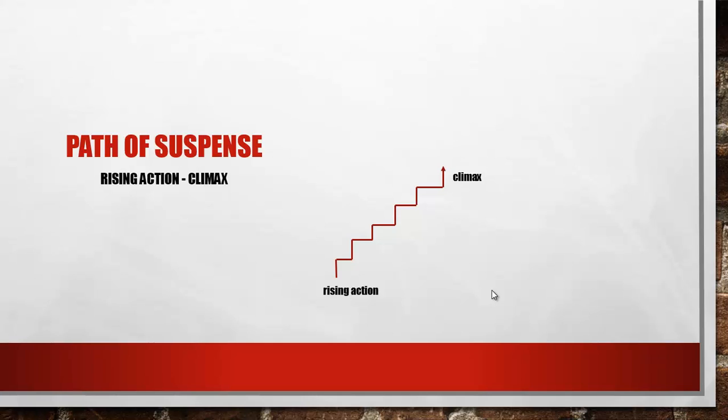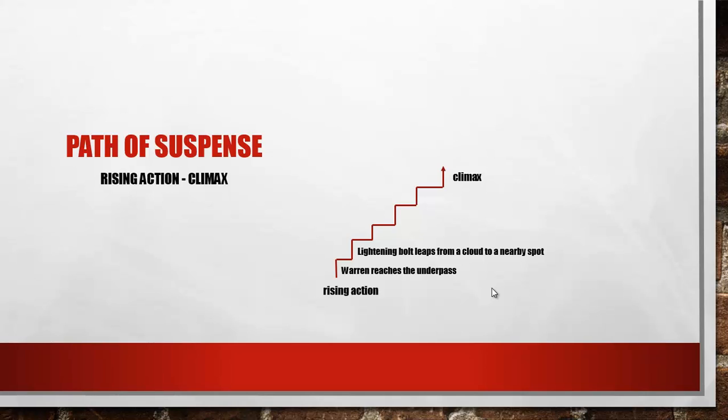Our first event in our rising action is going to be Warren reaching the underpass. So this starts off the building of the suspense. Next event is the lightning bolt that leaps from a cloud to a nearby spot.